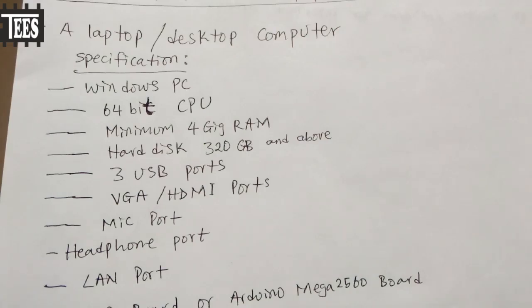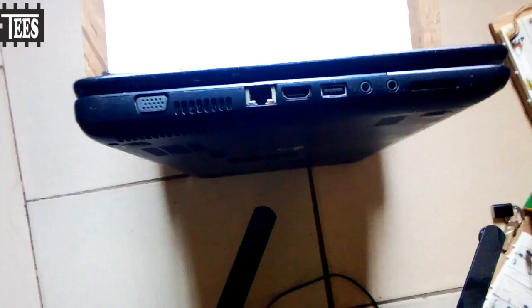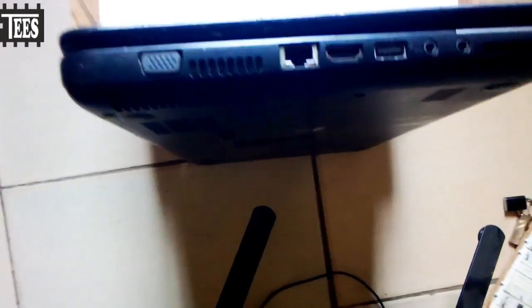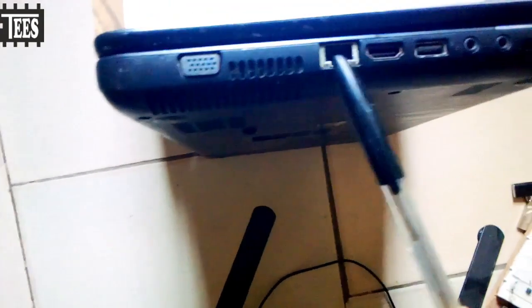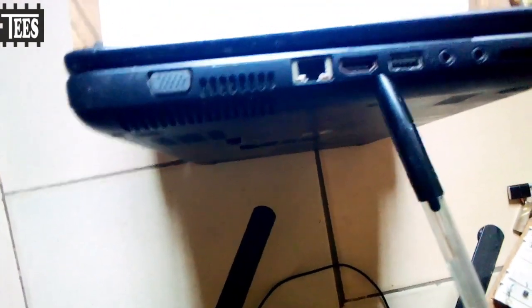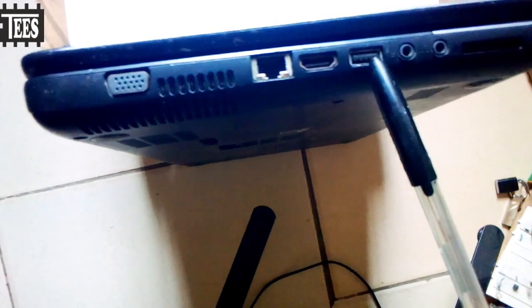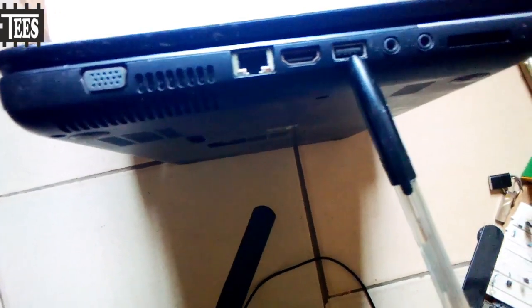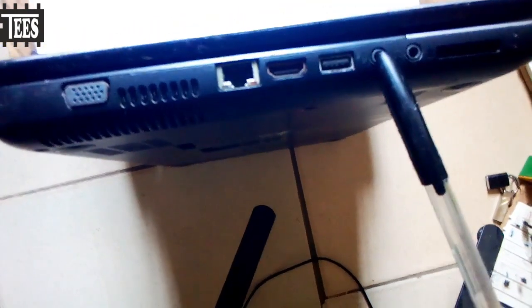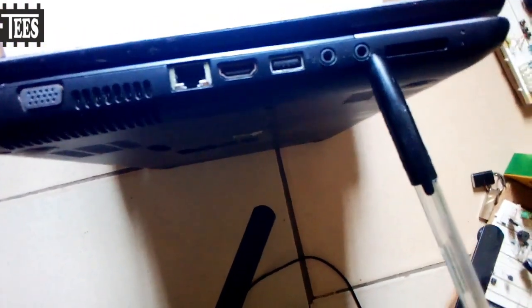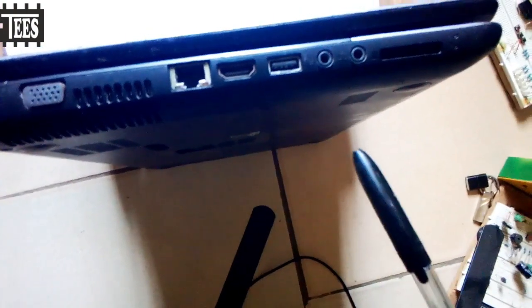So let's go back to the computer so that we see. You can see our VGA ports, you can see our LAN ports, that's our HDMI ports. This is a USB port, one USB. On the other side, there are other two USB ports. This is our microphone, this is our headphone port.